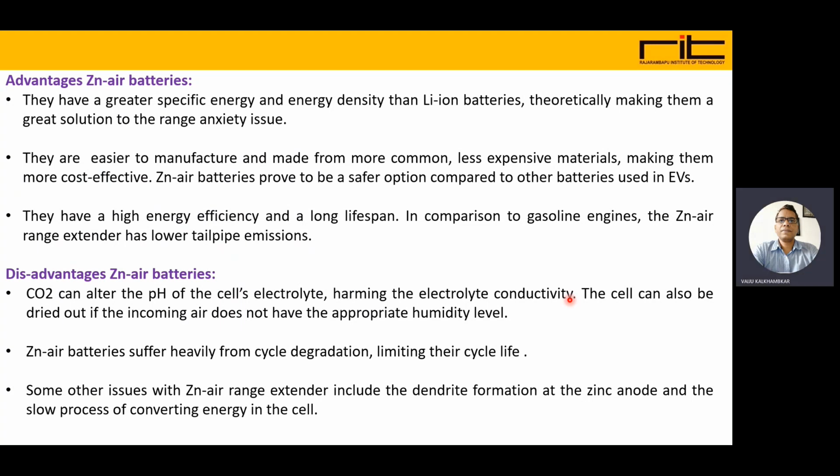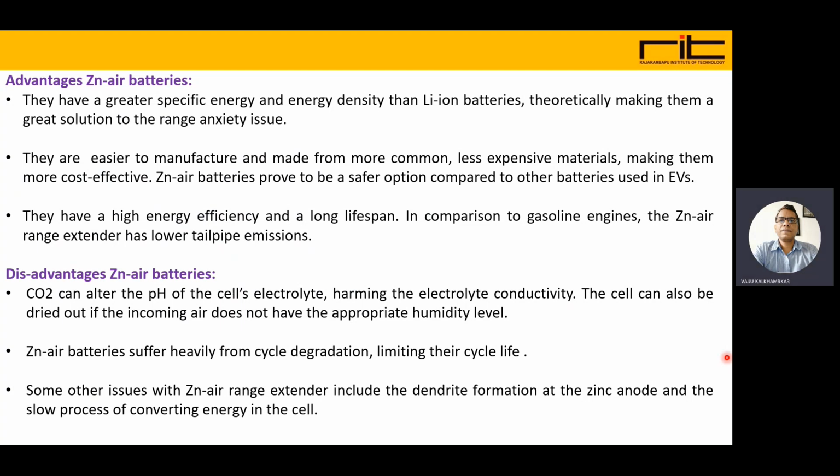Disadvantages of zinc air batteries. CO2 can alter the pH of the cell's electrolyte, hence harming the electrolytic conductivity of the battery. The cell can also be dried out if the incoming air does not have an appropriate humidity level.